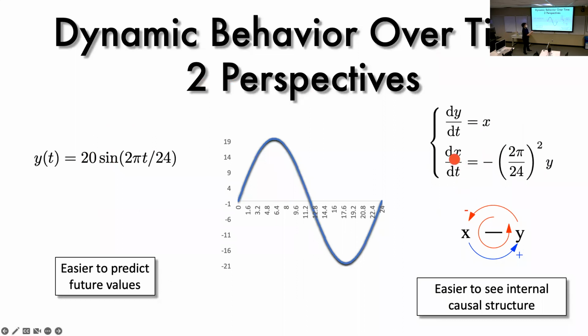So why is this thing better? Well, if I look at this expression, I can extract a causal loop diagram, and I can see that these two variables I've created, x and y, influence each other. X has a positive influence on y, and y has a negative influence on x. Once I see that, I realize, oh, that's a balancing loop. And I know that balancing loops with delay can produce oscillations.